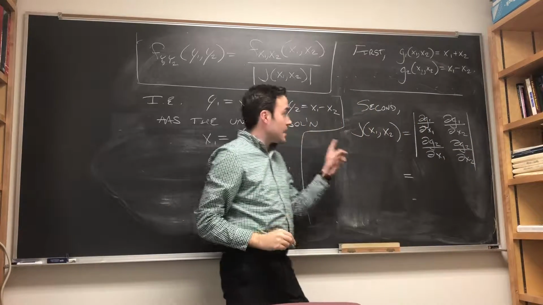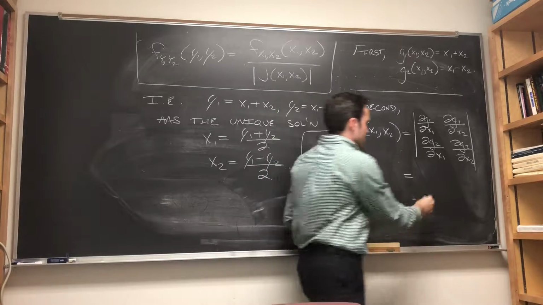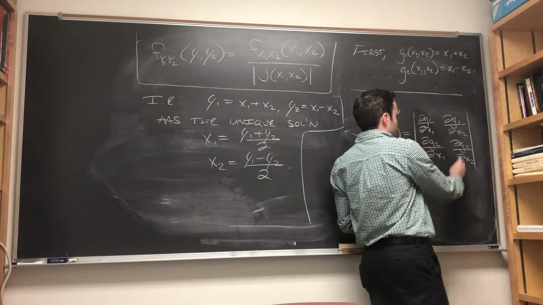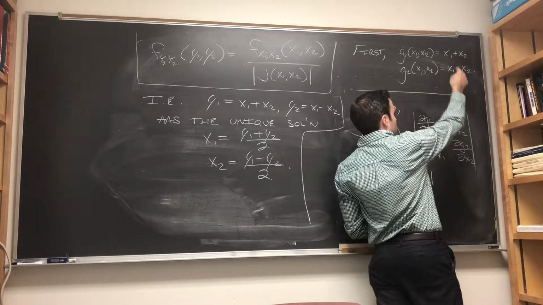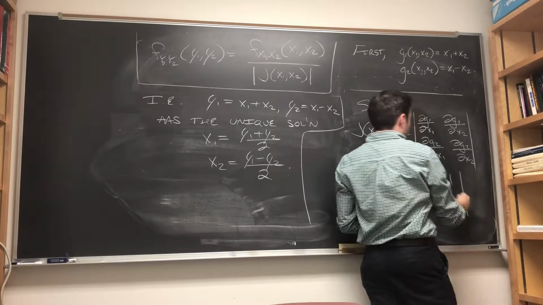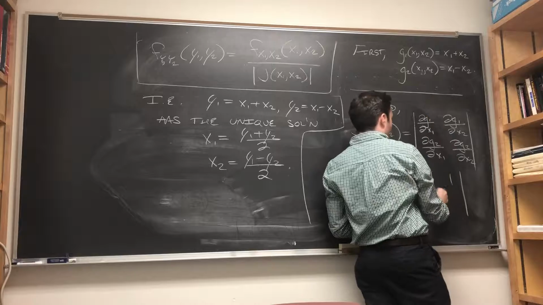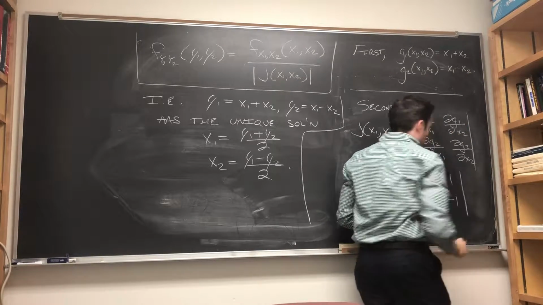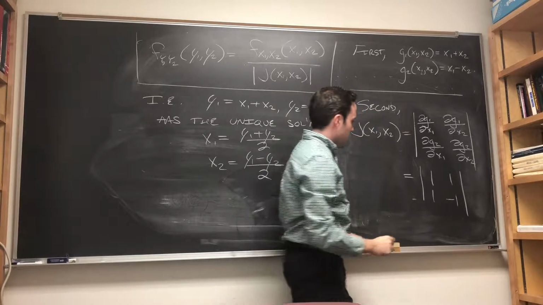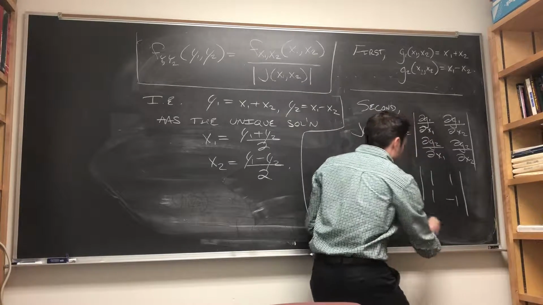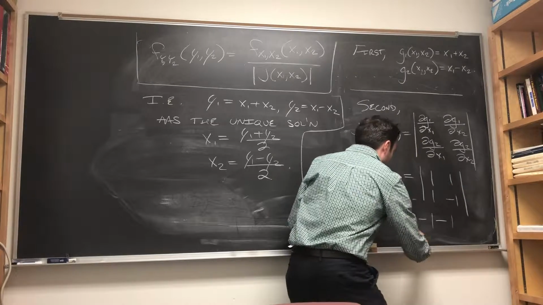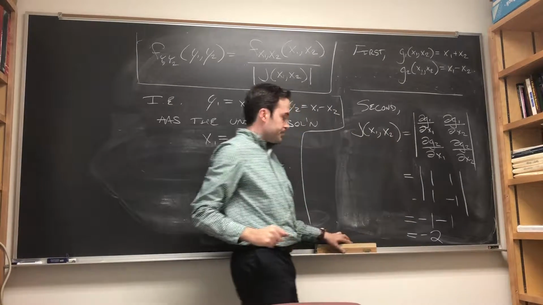Fortunately, in this case, these derivatives are really easy to calculate. Partial of g1 with respect to x1 is 1. The partial of g1 with respect to x2 is also 1. Partial of g2 with respect to x1 is 1. And the partial of g2 with respect to x2 is negative 1. And so what we end up with here is negative 1 minus 1, or negative 2.